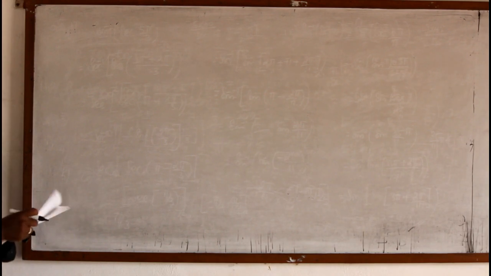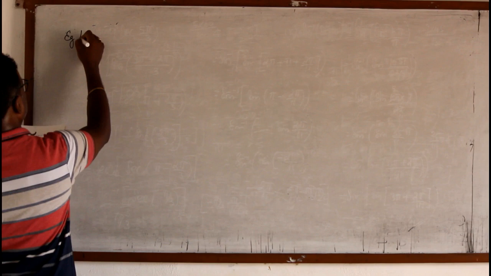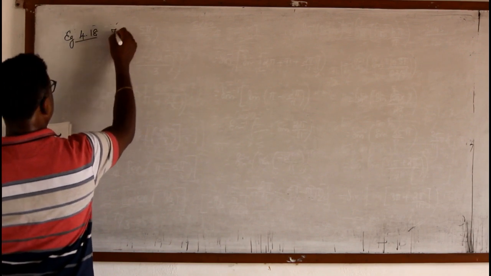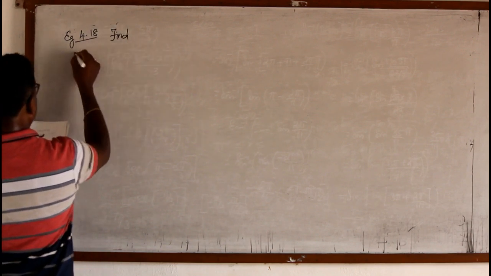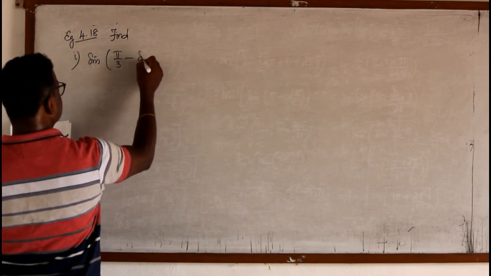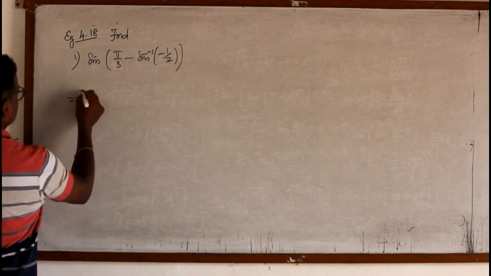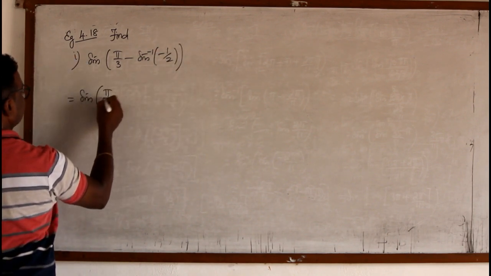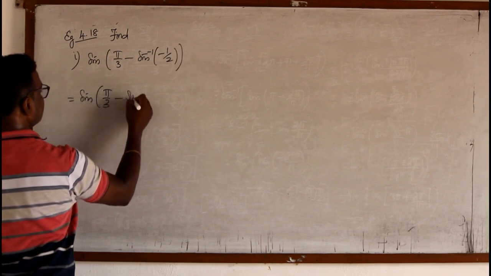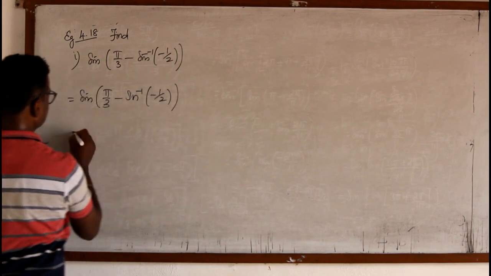Now we shall move on to the next example. Example 4.18. Find, in the first question, sine of pi by 3 minus sine inverse of minus 1 by 2. So we shall take the question as it is: sine of pi by 3 minus sine inverse of minus 1 by 2.